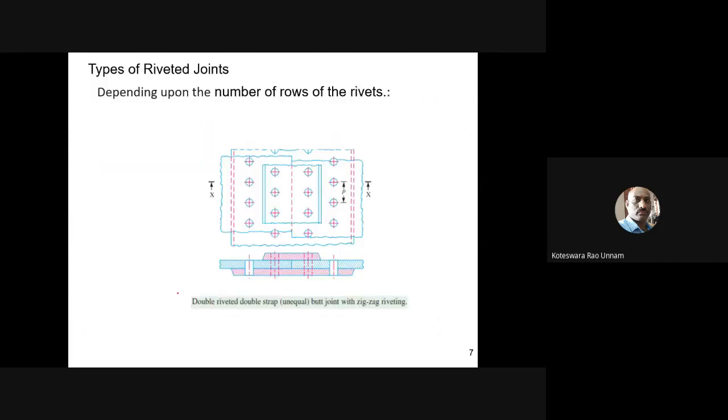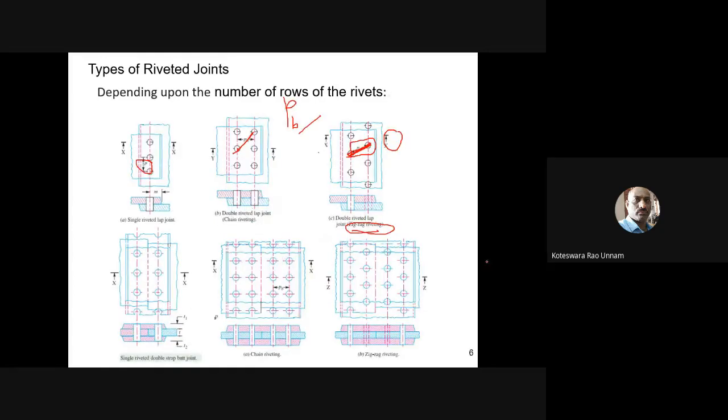If I go back here, maybe this joint does not show the margin. Let me see here. Yes. You can see here, this is the center line of the rivet and this is the edge of the plate. So the distance between the center line of the rivet and the edge of the plate, if it is only one rivet, I'll take that rivet only.